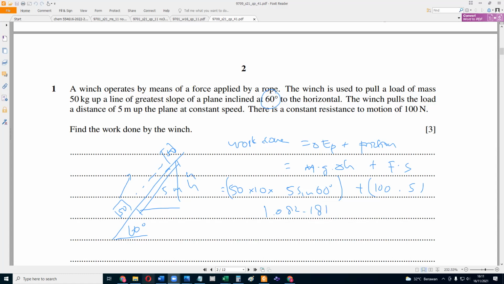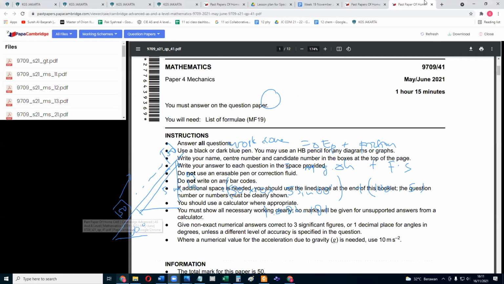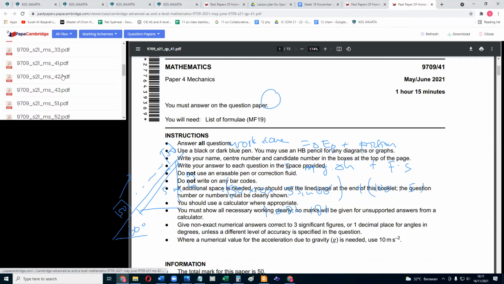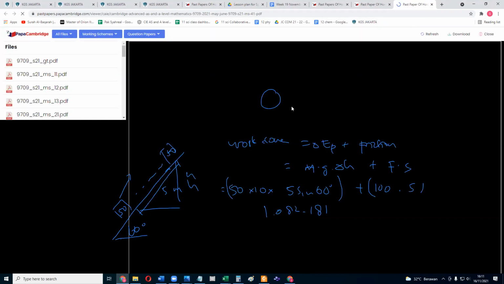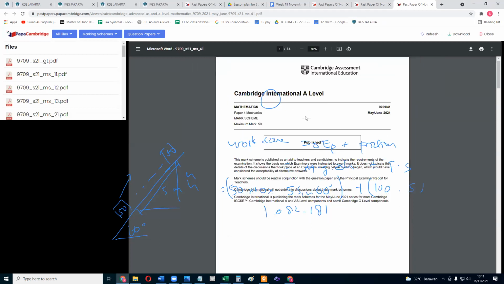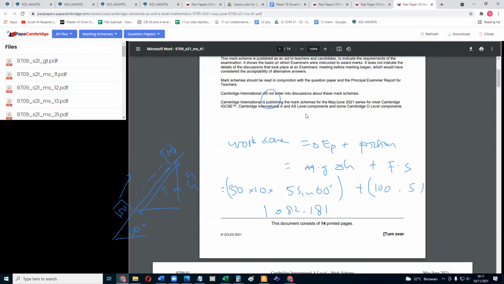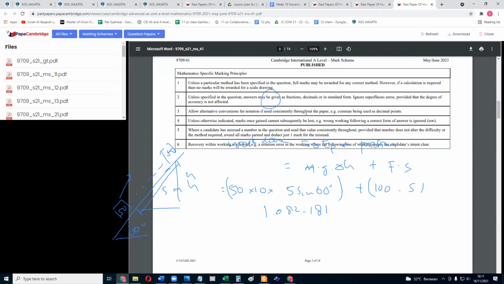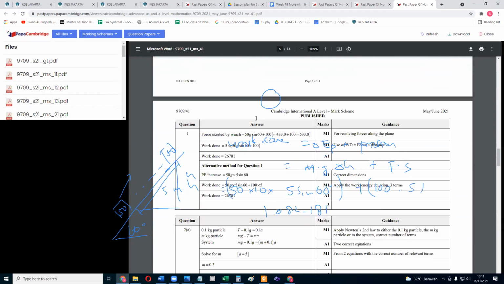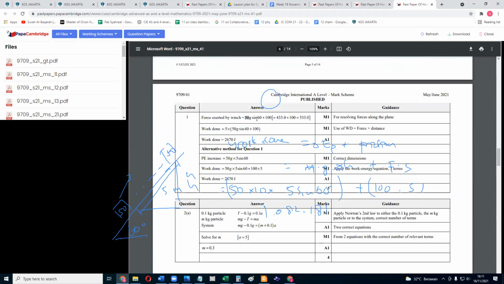Okay, let's see the mark scheme actually, so that we can get the idea what the item will be. Okay, that's going to be MS41. So why did you have the 5 sin 60 again, sir? That is the height, the change of height here. Oh, yeah, change in potential energy. Yeah, I have a calculation error.